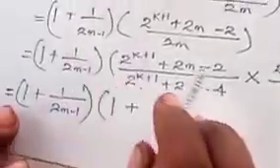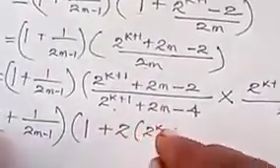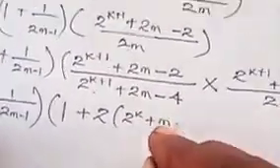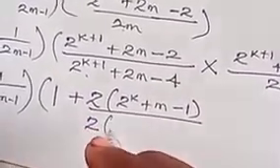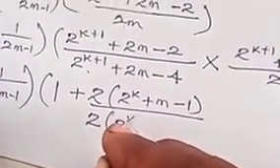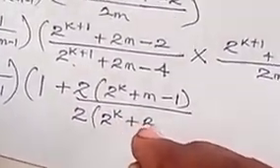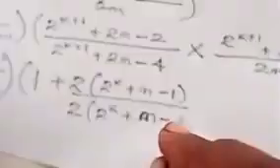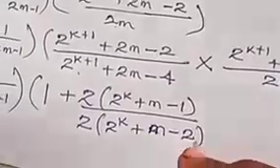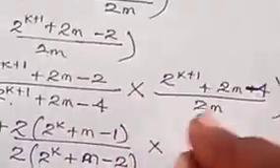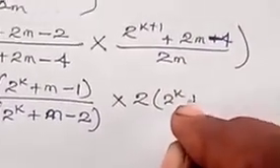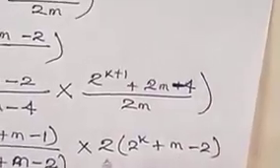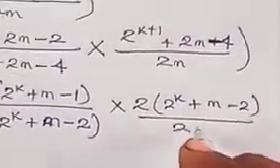You can see that 2 is common here. We can write 2 into bracket 2k plus m minus 1 all over 2 into 2k plus 2 plus m minus 2. Then multiply by 2, which is also common here: 2 into 2 raised to power k plus m minus 2 all over 2m.